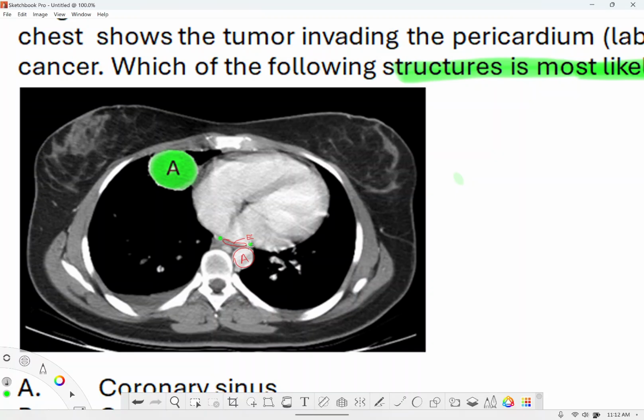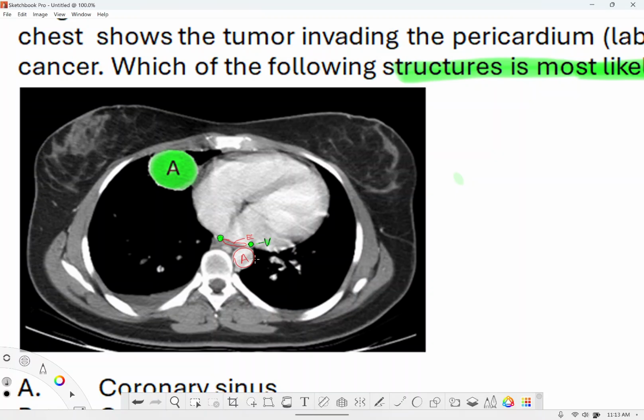I'm sure you can see that on my picture. So that's the vagus. These are vagus nerves on each side of the esophagus.